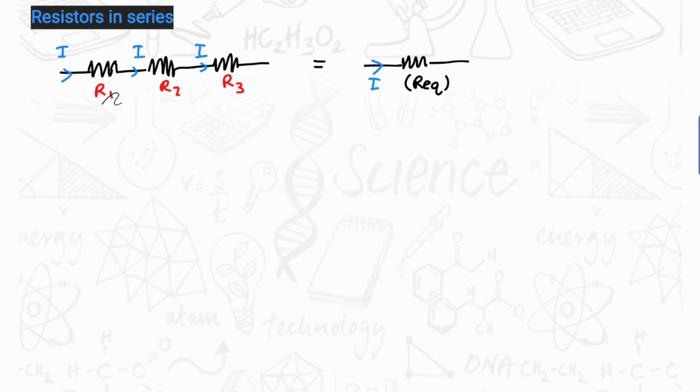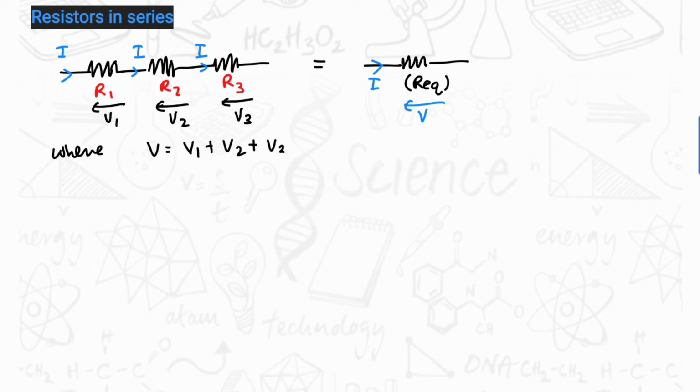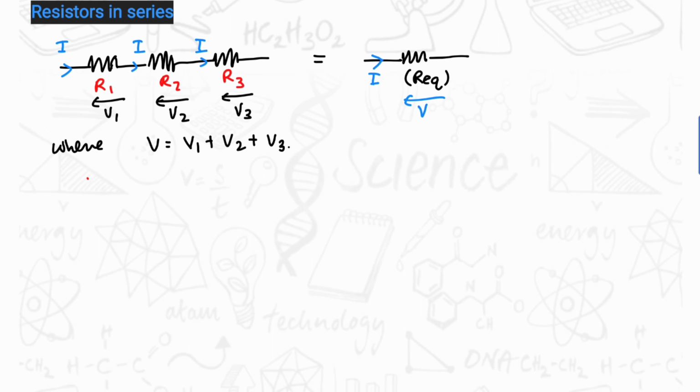And here, let's say the voltage drop across R1 is V1, across R2 it is V2, and across R3 it is V3. And the voltage drop across REQ will be V, where V is equal to V1 plus V2 plus V3. We also know that V is equal to IR.